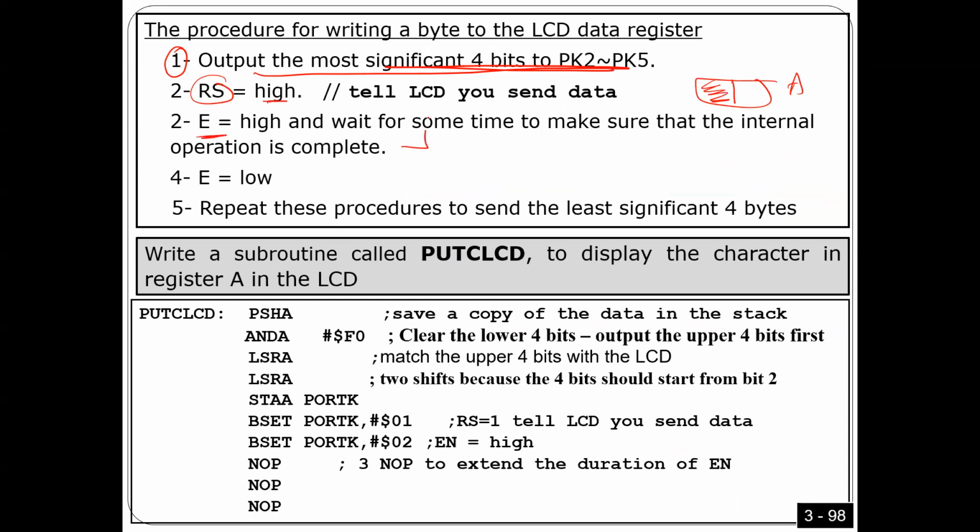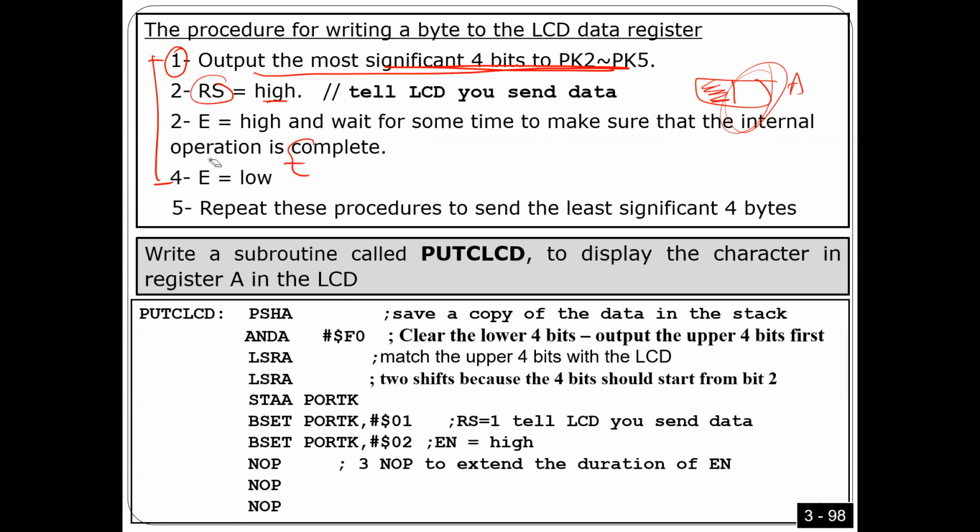Number 3, you have to generate a pulse this way on E, in order to tell the LCD to take the data. And then I have to repeat this part again, but this time I have to work on the least significant 4 bits.